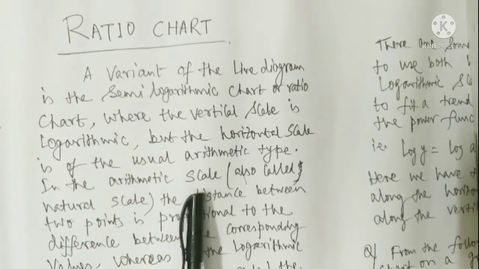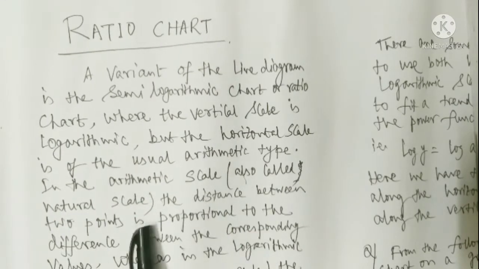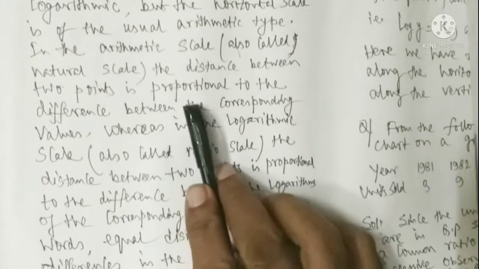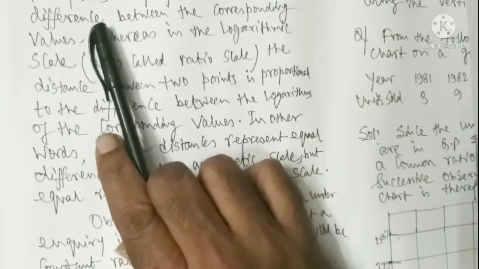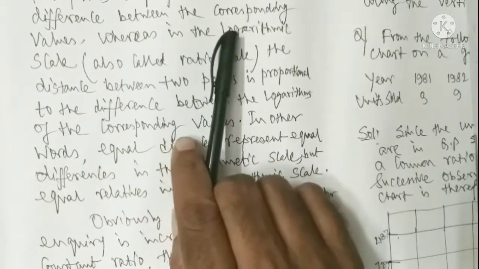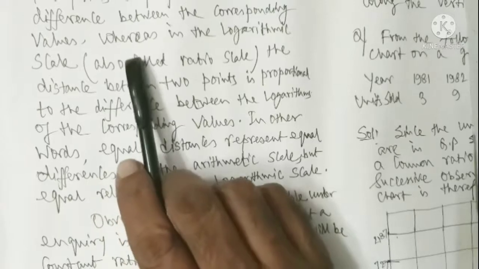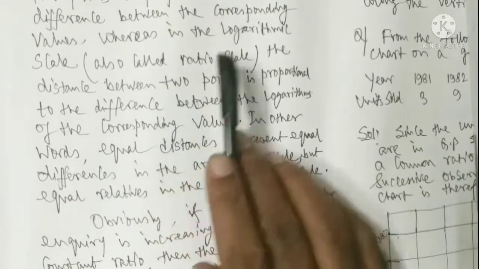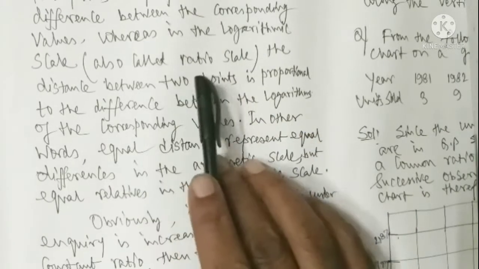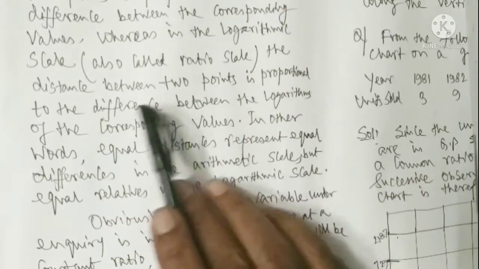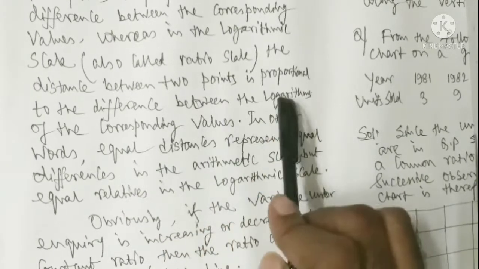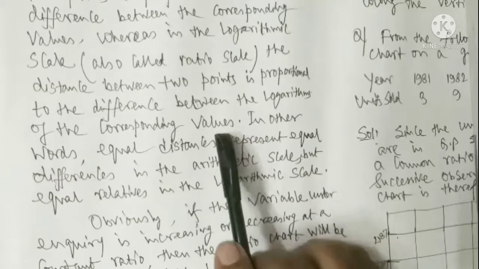In the arithmetic scale, also called natural scale, the distance between 2 points is proportional to the difference between the corresponding values, whereas in the logarithmic scale, also called ratio scale, the distance between 2 points is proportional to the difference between the logarithms of the corresponding values.